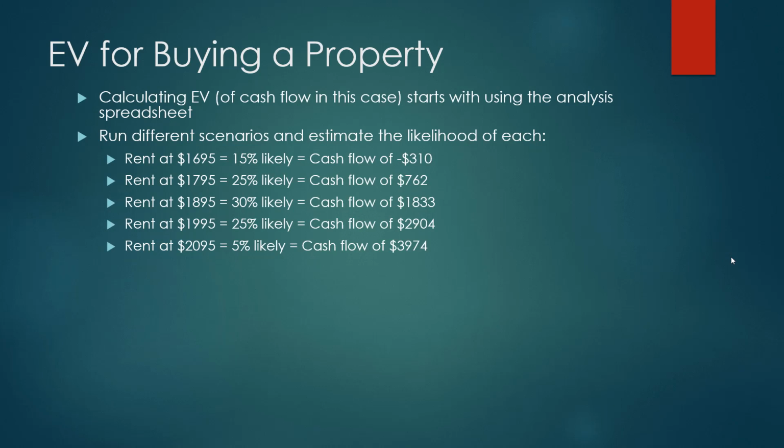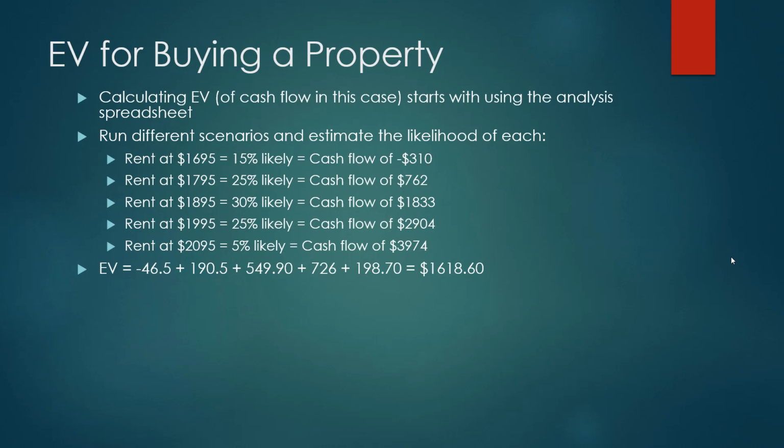So I assigned percentages to those, and this was the cash flow spit out by that spreadsheet that you all have access to for each particular rent amount. So we can easily take that and say, okay, this one's negative. Well, that sucks. However, is this a bet we should make? Since most of them are positive, if you multiply these percentages by these cash flows, it sums to $1,618.